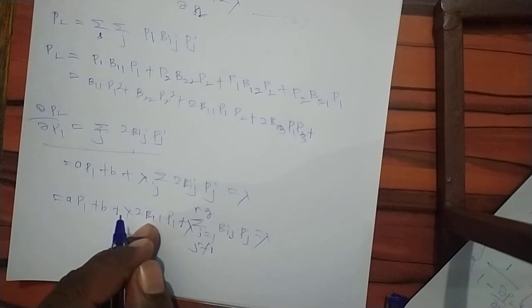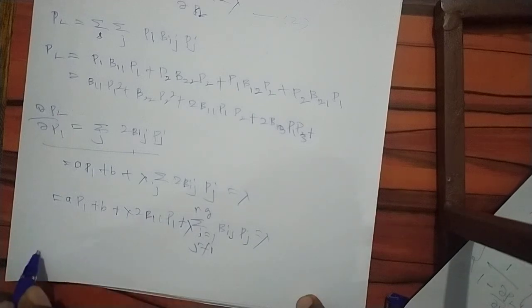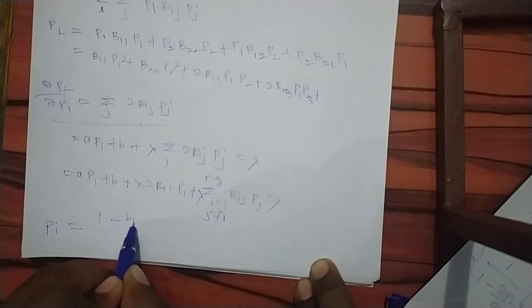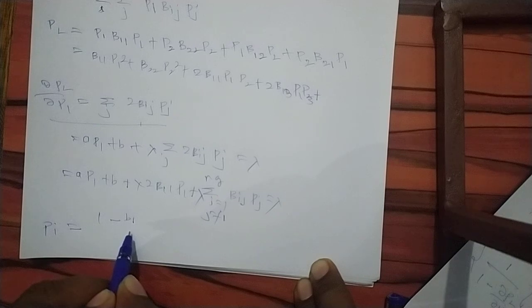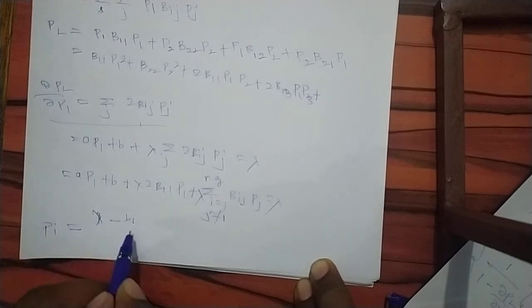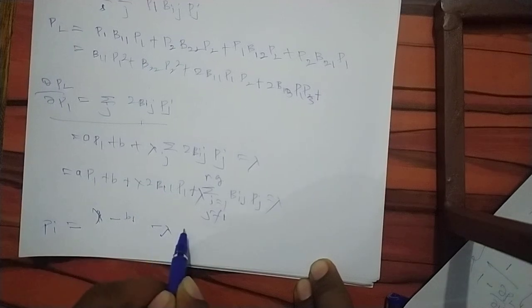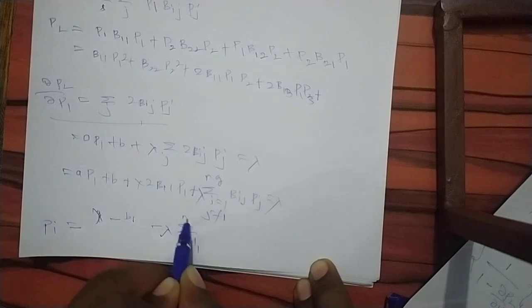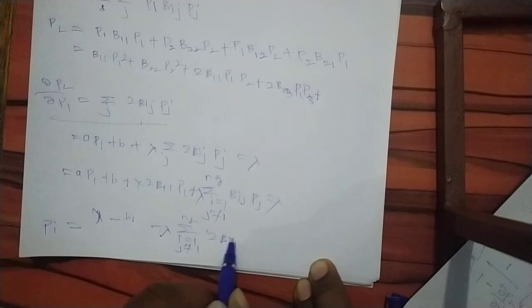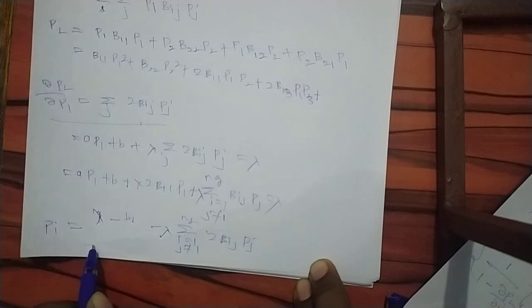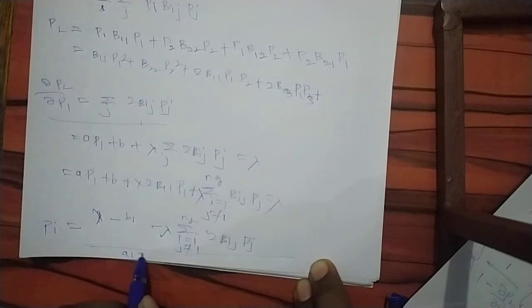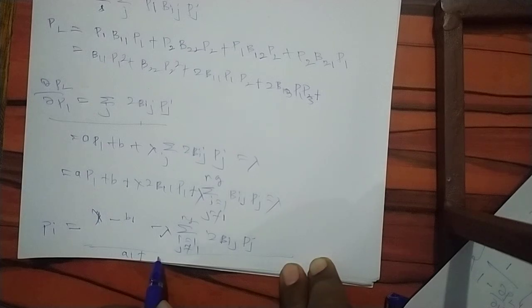So simplifying, we will get P1 is equal to lambda minus b minus lambda times the summation over j not equal to 1 up to Ng of 2 B1j Pj, divided by a1 plus 2 lambda B11.